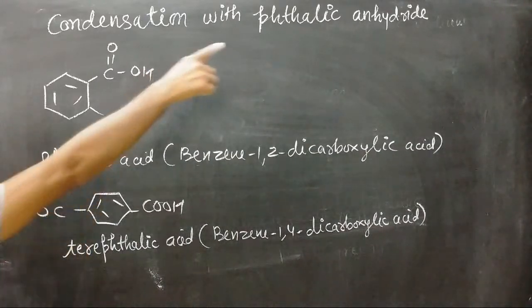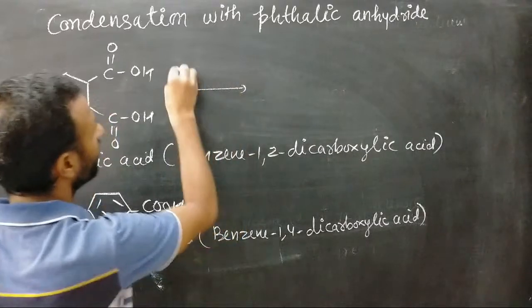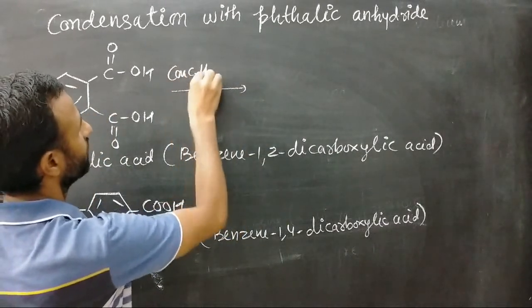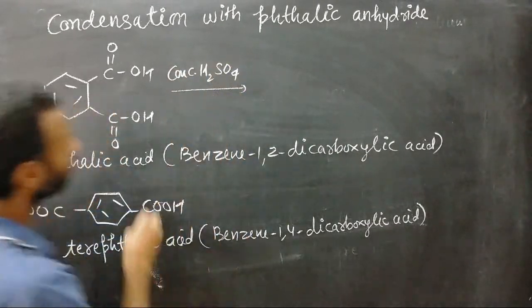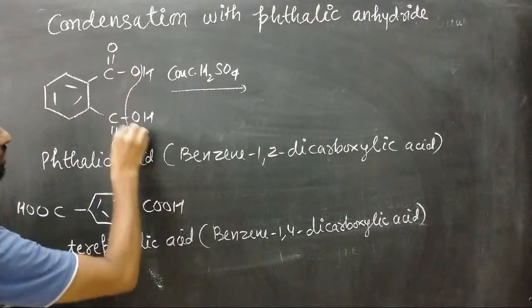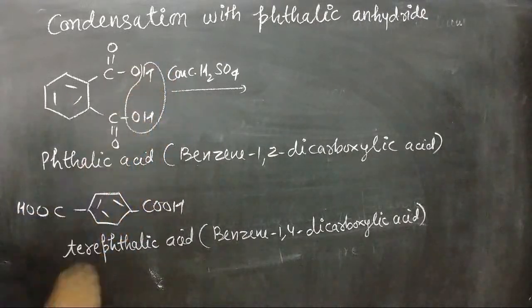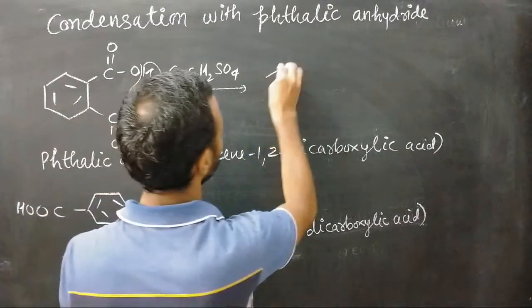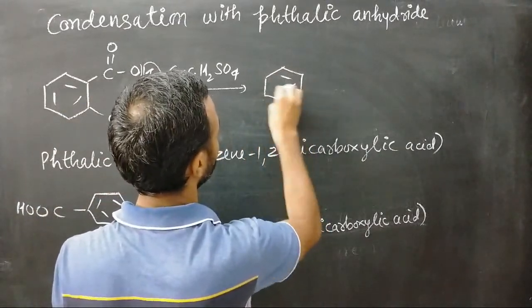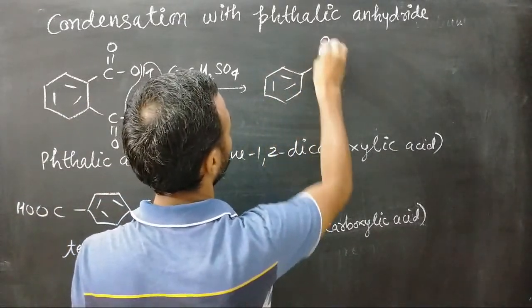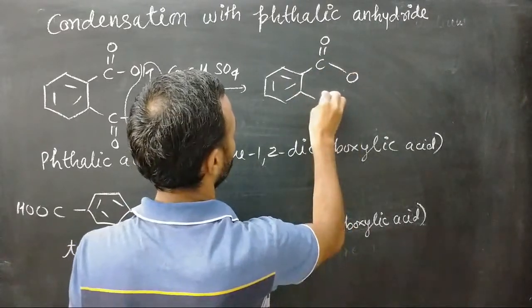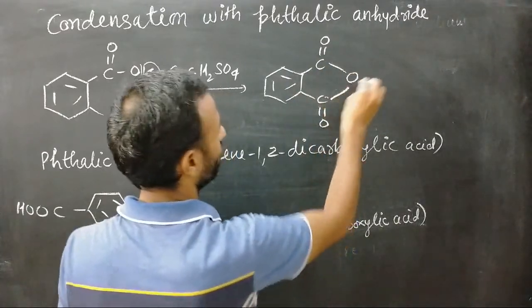So to prepare phthalic anhydride, in the presence of concentrated H2SO4, H and OH are removed and we get this product.